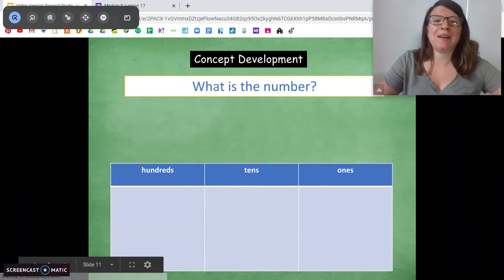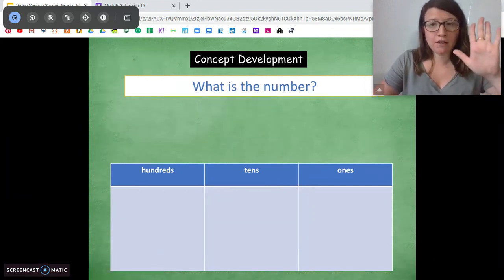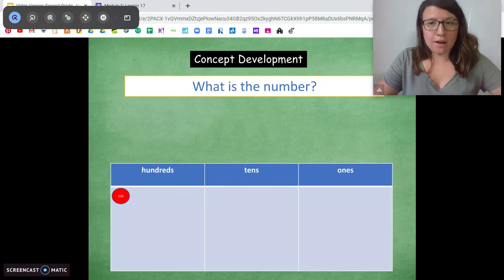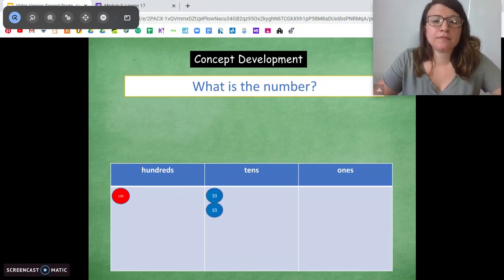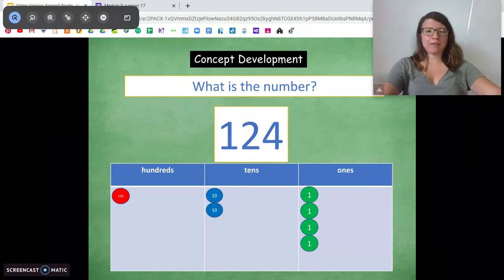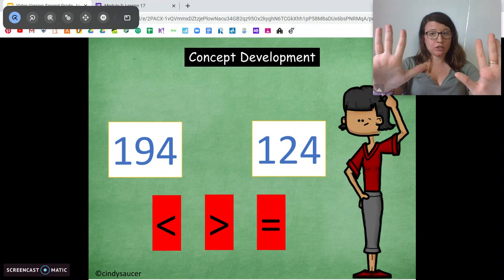Good? All right, I'm going to show you another number. So we have 194. Count in your head. This one should look familiar. What number is this? 124, very good. So we have 194 and 124.